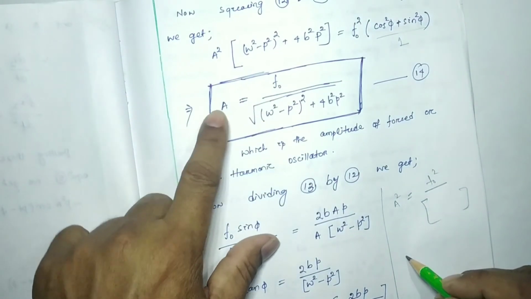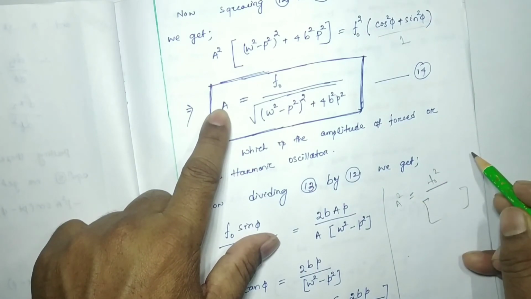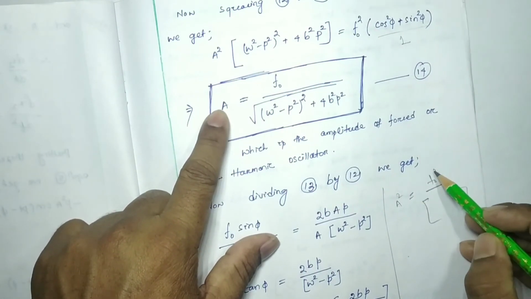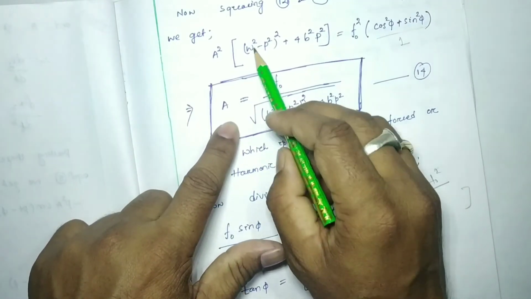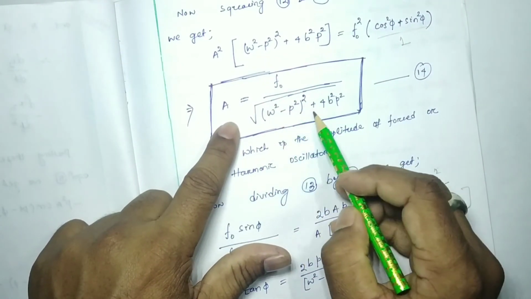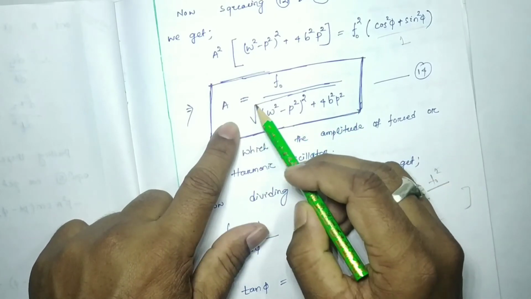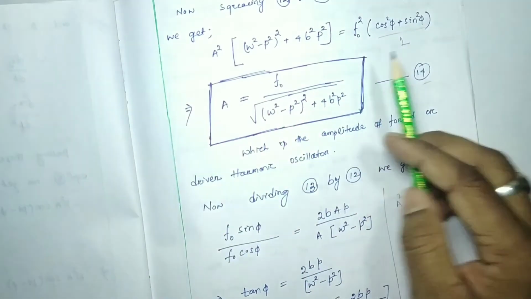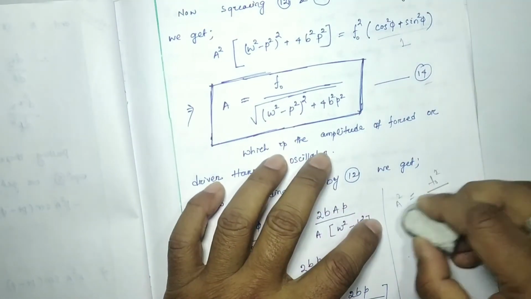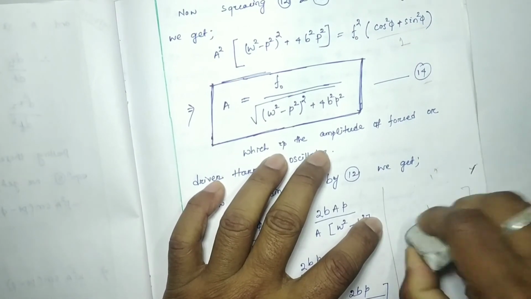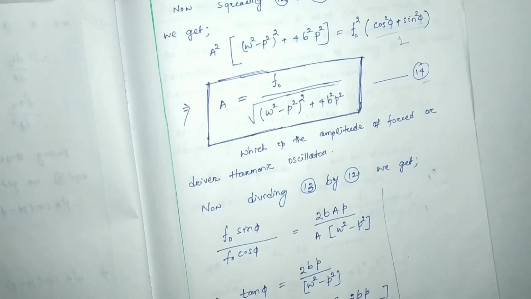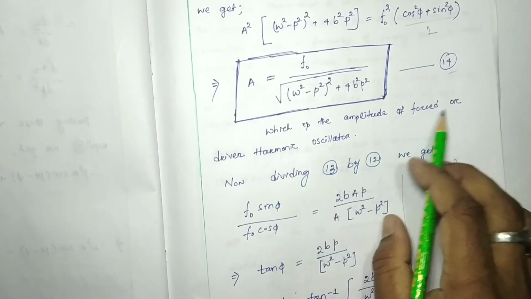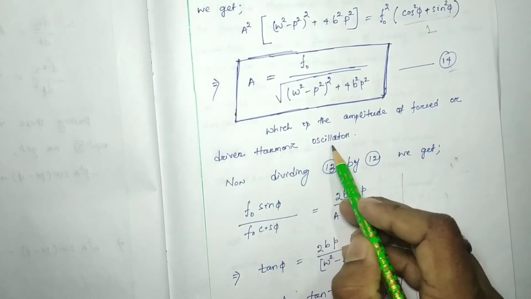So obviously a will be the square root of this; the square is removed, so a equals f0 divided by the square root of (omega square minus p square) whole square plus 4b square p square. Let this be equation number 14. Okay, so this is your amplitude, the amplitude of the forced or driven harmonic oscillator.